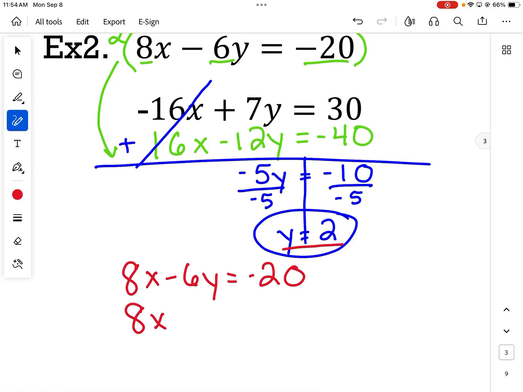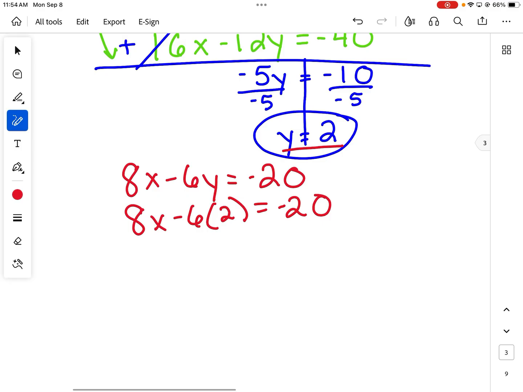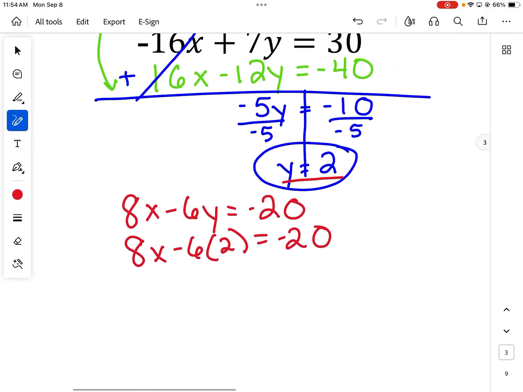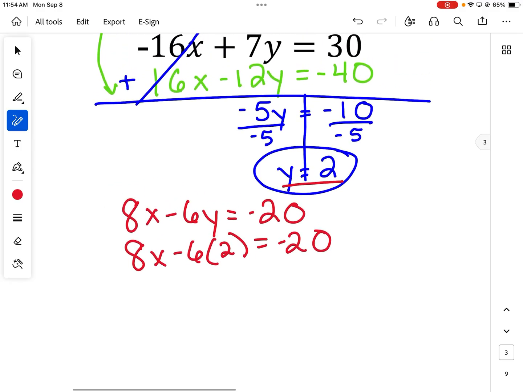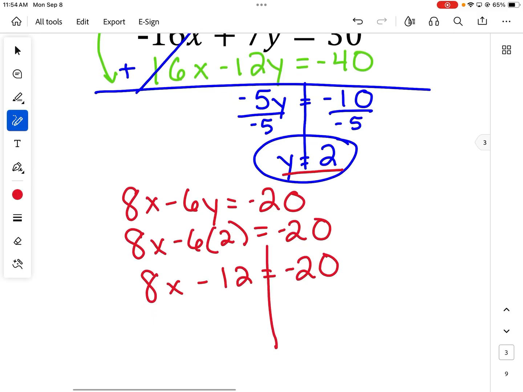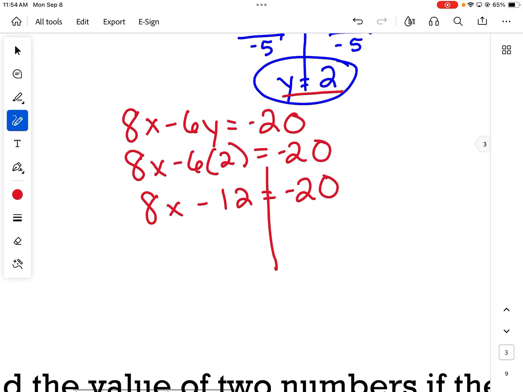So 8x minus 6 times 2 equals negative 20. So 8x minus 12 equals negative 20. So we're just solving it.